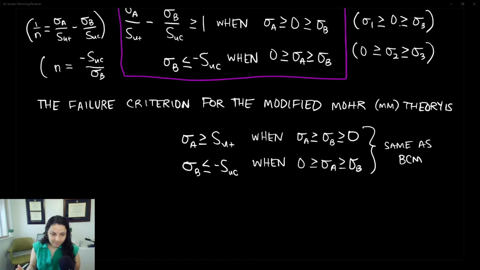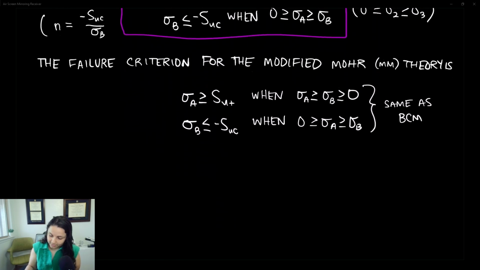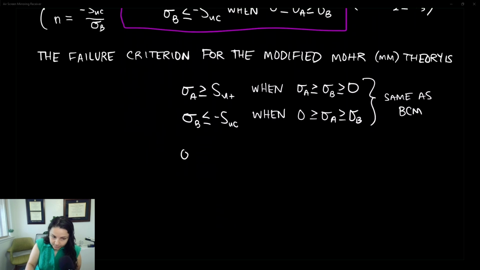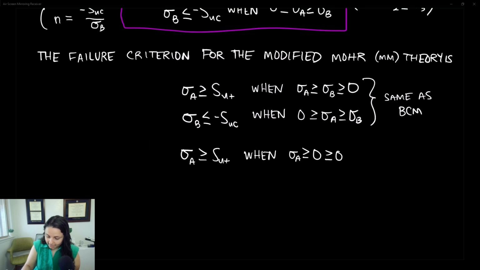Okay, and now we have something a little bit different. So for the modified Mohr theory, we're also going to use sigma A greater than SUT as a failure criterion when we have sigma A greater than 0 and sigma B less than 0.